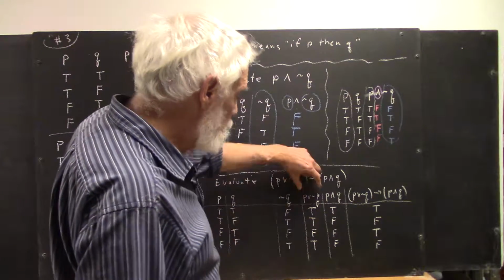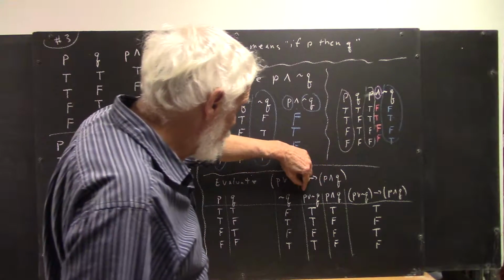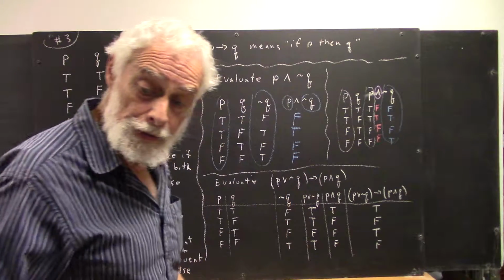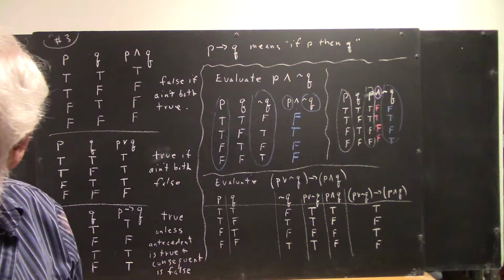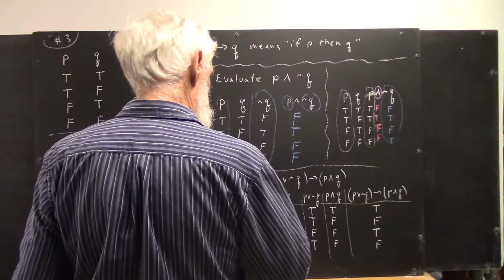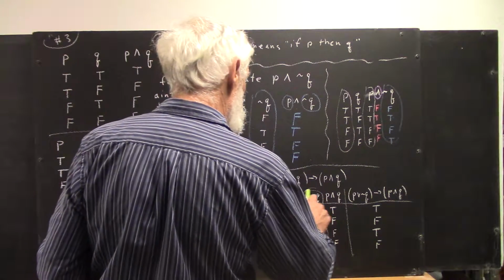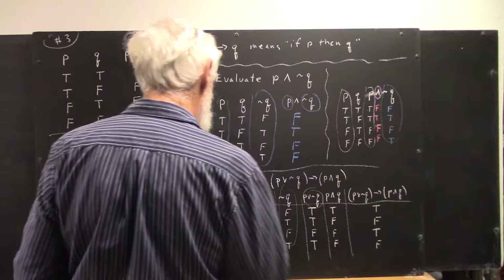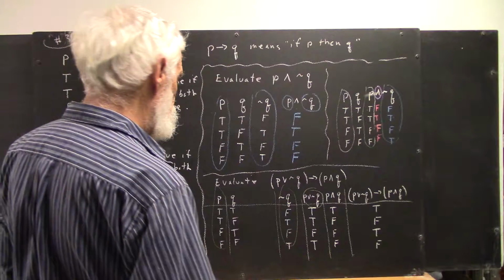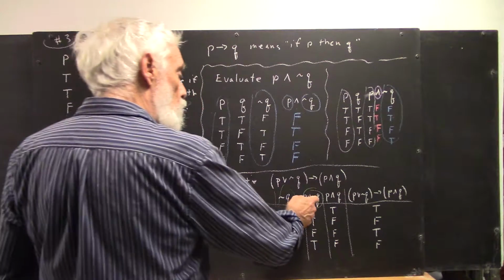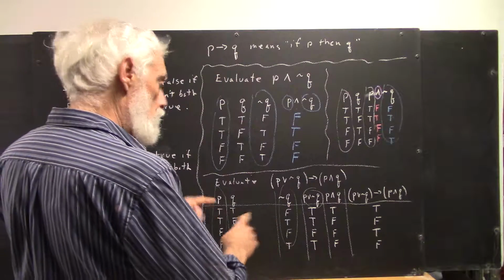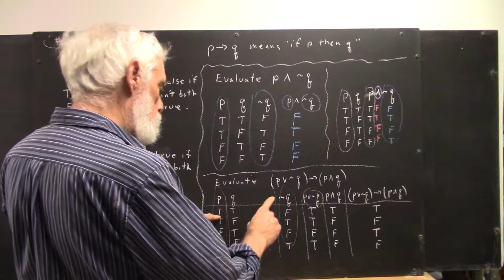And now I can evaluate this by looking at the P column and the not Q column. So let's color code this just a little bit. I want to evaluate this. I need to use this column and this column. So the connective is or, the logical operator.